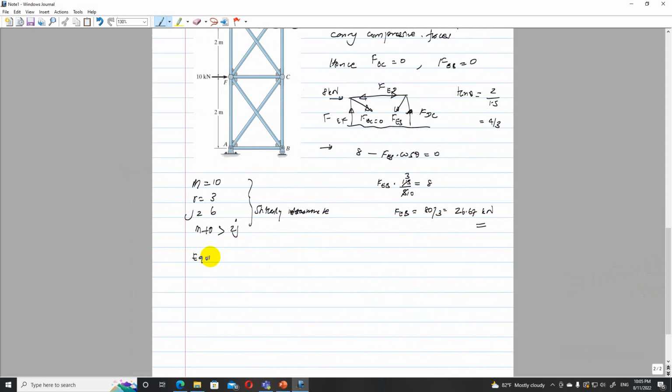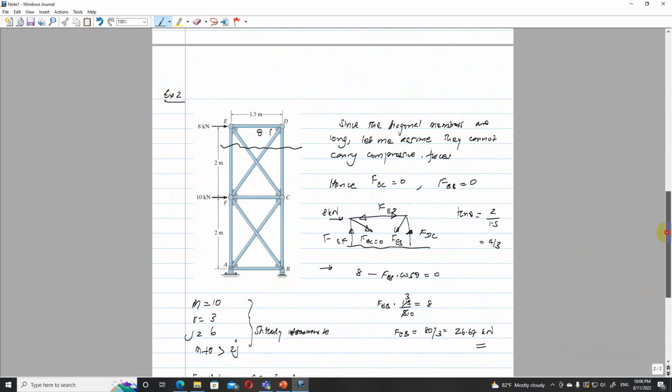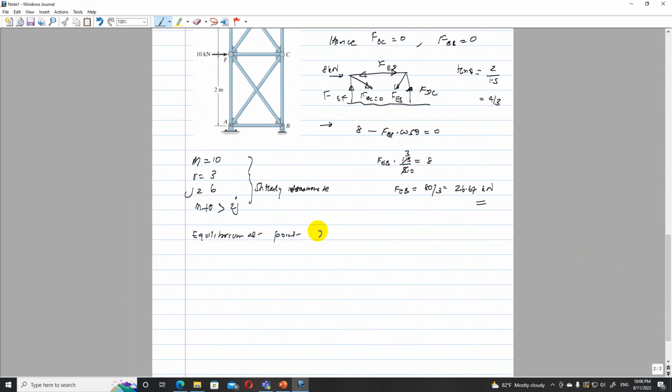Equilibrium at point D. So at point D I have a compressive force FED, another compressive force FDC, and a tensile force FEB.